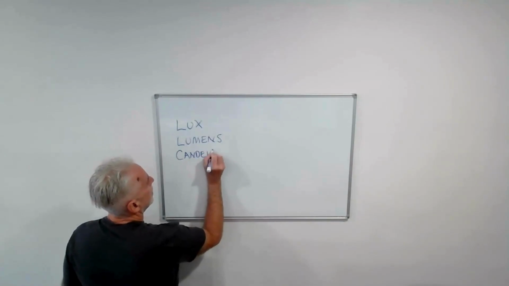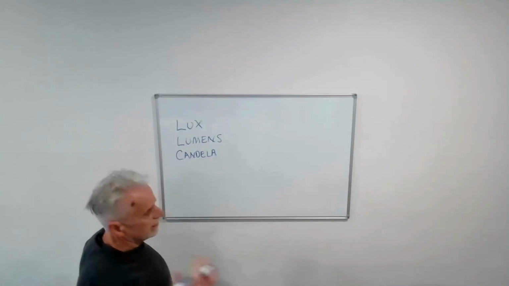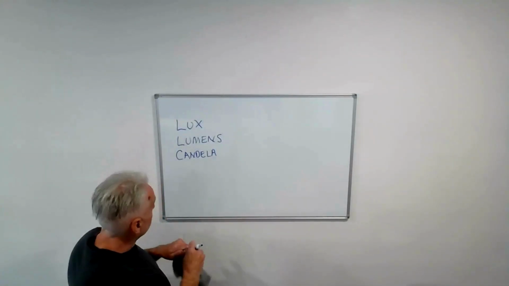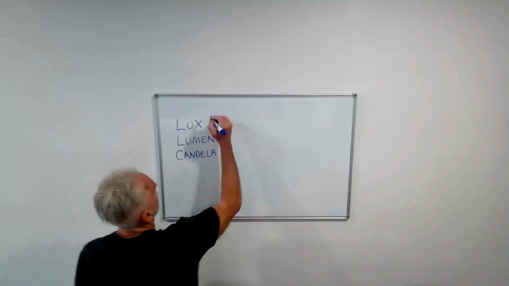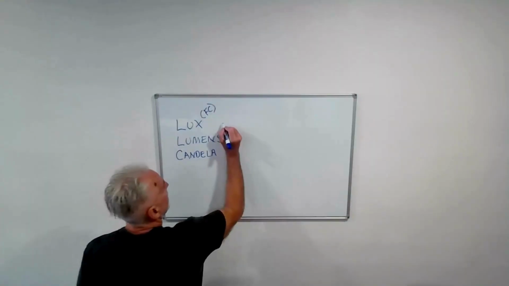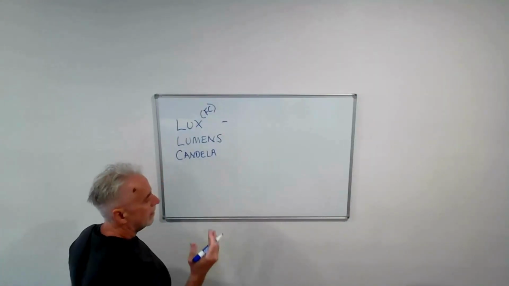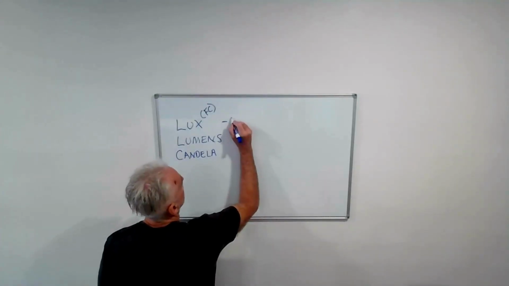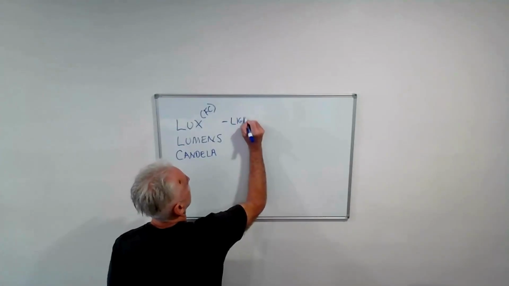Okay. So I'm going to put these in more just easy terms to try to tie these all together. So lux, or sometimes, the way we're kind of driven, it's more foot candles. Lux is the amount of light hitting a surface. So light on surface.